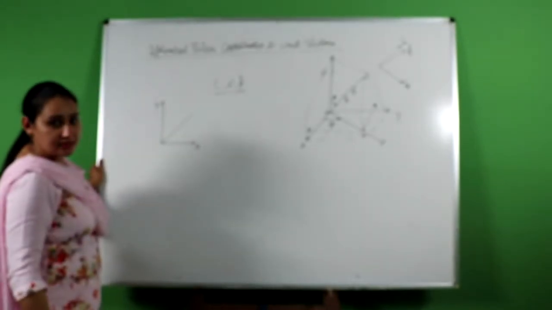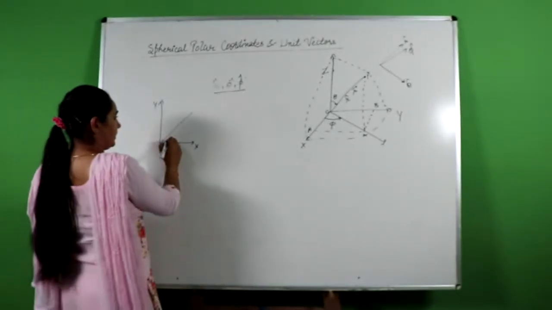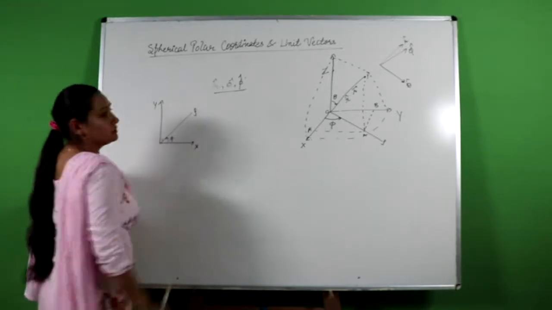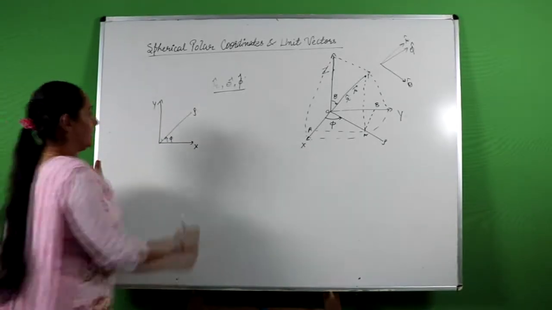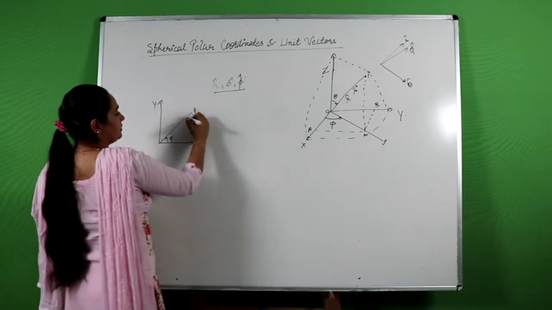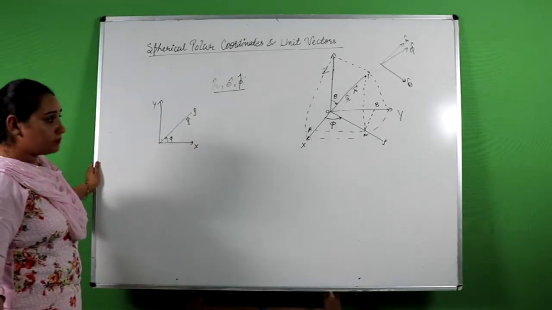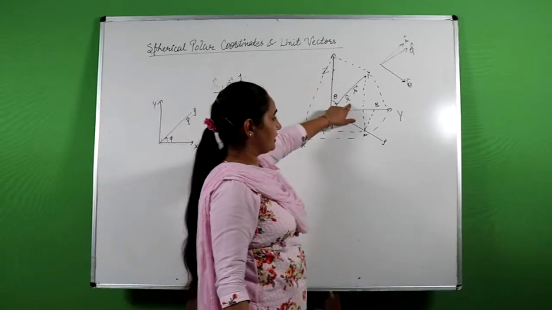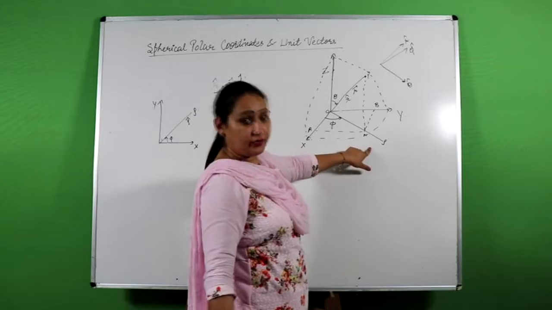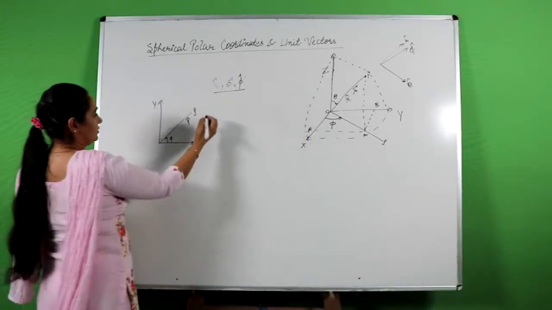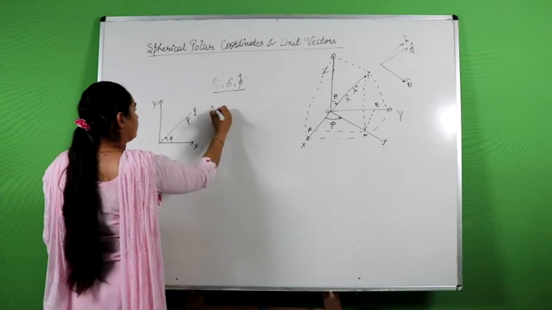This is my rho axis, and it is making an angle phi with the x-axis, and the unit vector of the rho axis will be rho cap. So before getting the r cap unit vector in the z-rho plane, I need to find the rho cap unit vector. So what will be my rho cap?